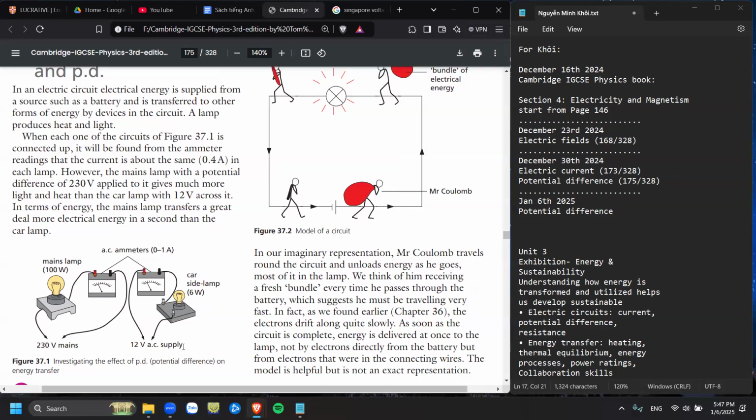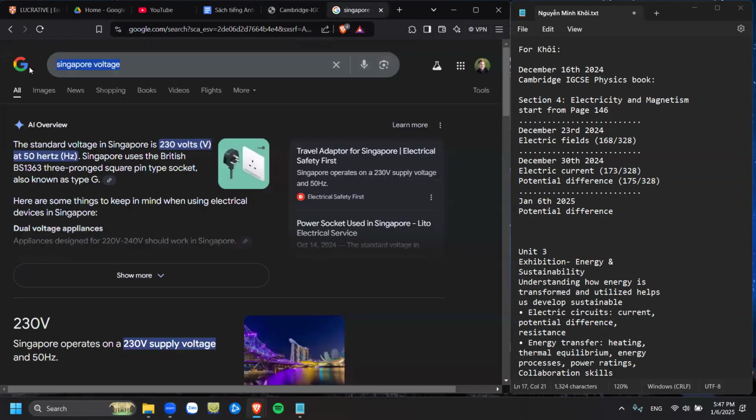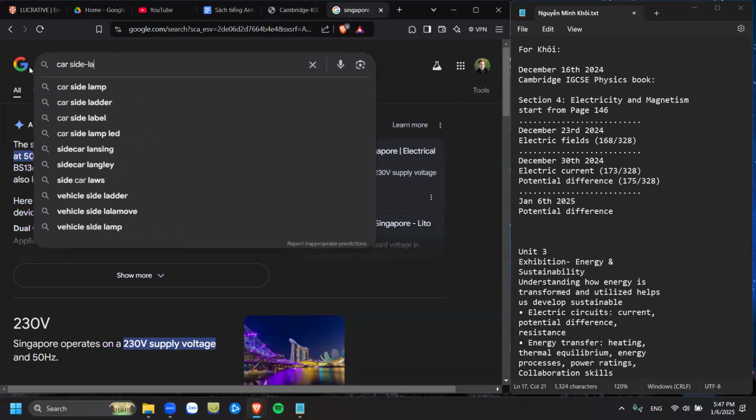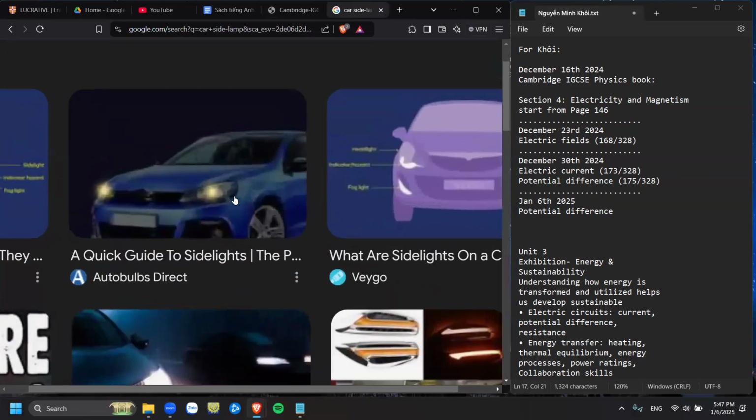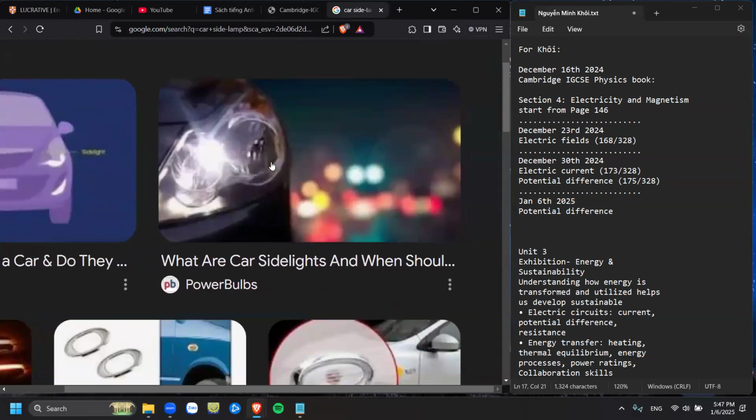Is 6 watts powerful? Nah, not really. It's a car side lamp. Let's check it out. Here, you have a car. This is a side lamp.